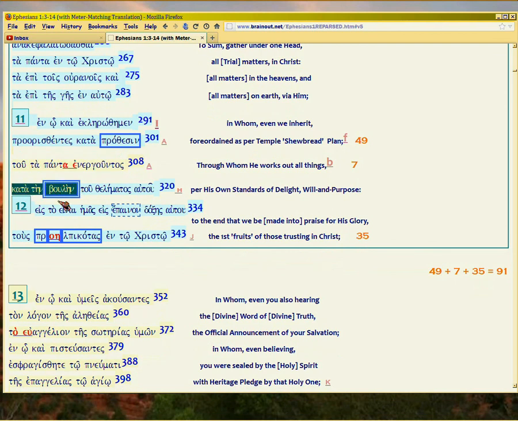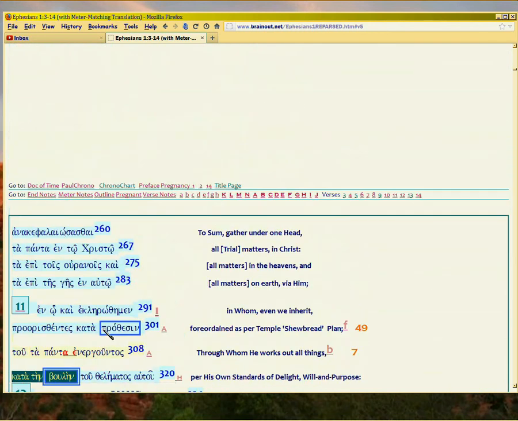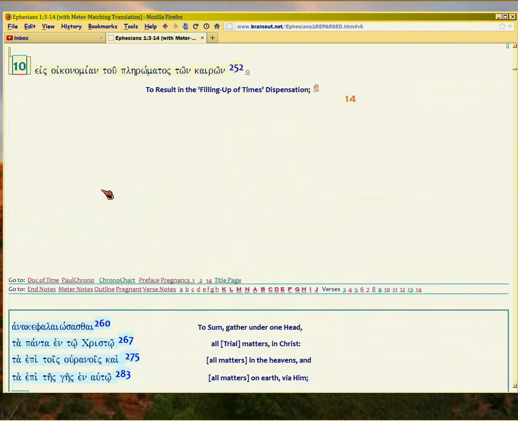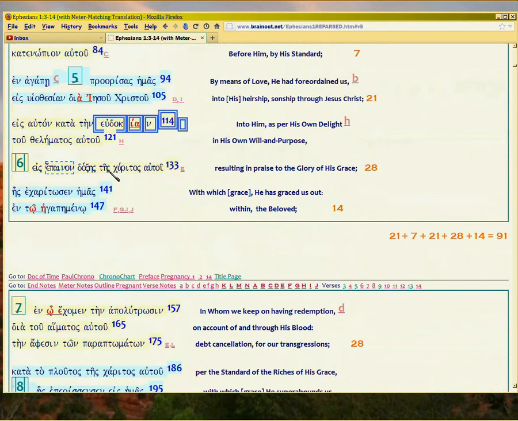And then we have our last occurrence of the Eudochian anaphora. So as you can see, the Temple Trio anaphora is ensconced within the Eudochian anaphora. The Epiphanes anaphora started, birthed from the Eudochian anaphora back here in verse 6.